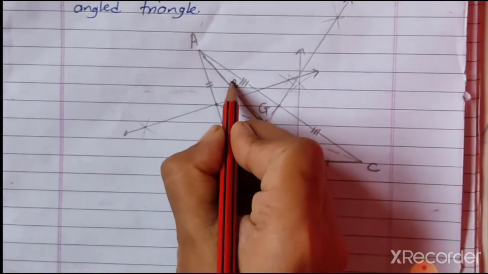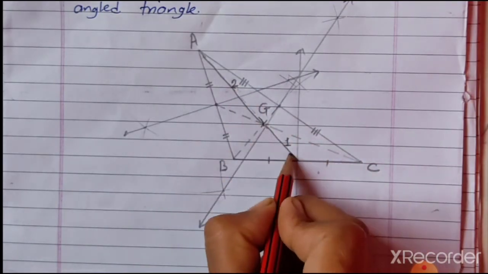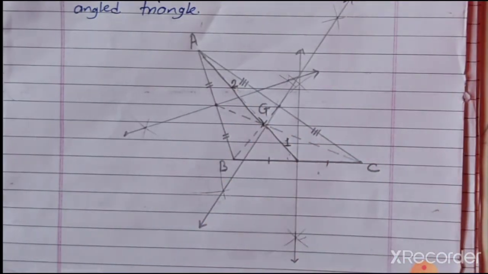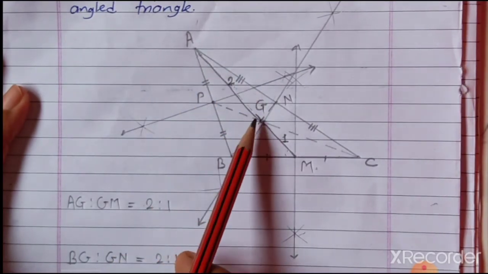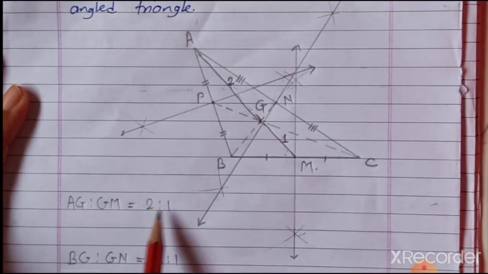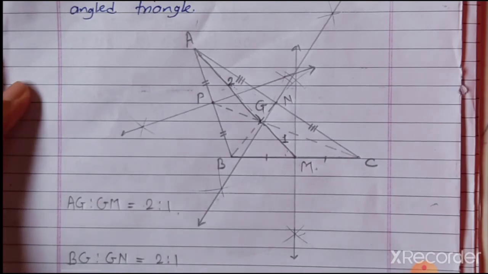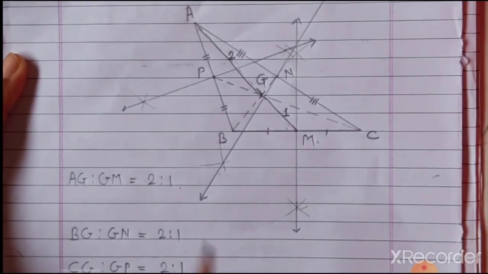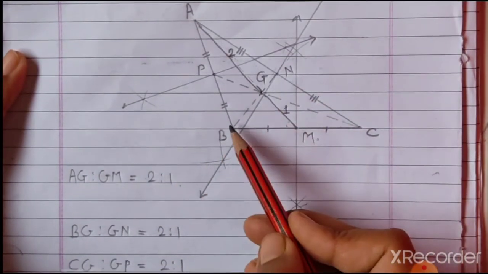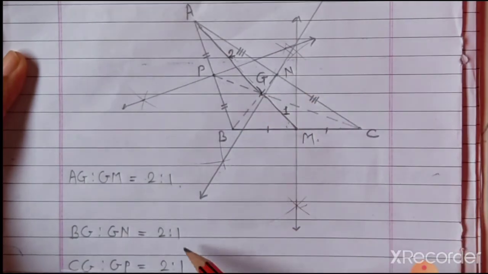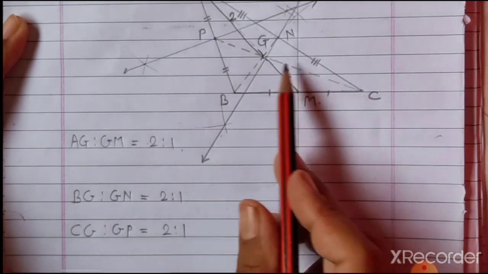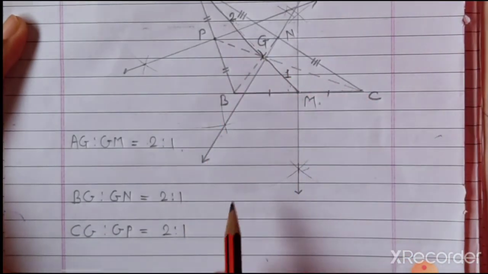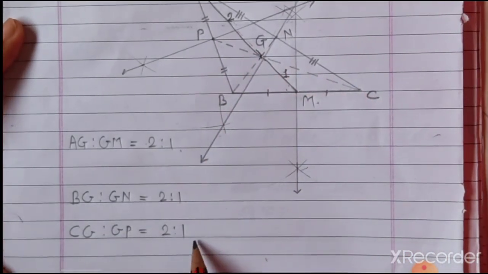So this ratio is 2:1. From this you can say that the ratio AG to GM is equal to 2:1. Similarly, you can conclude for the second median also, that BG to GN is also equal to 2:1, and for the third median also, CG to GP is also equal to 2:1. So that's it in this video.